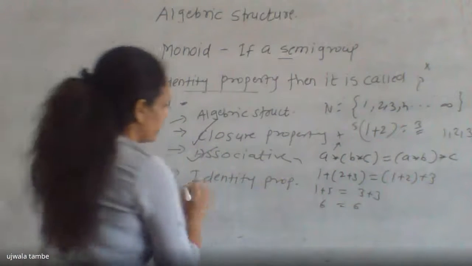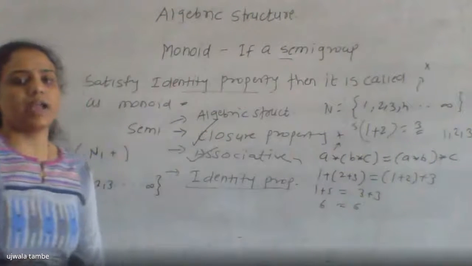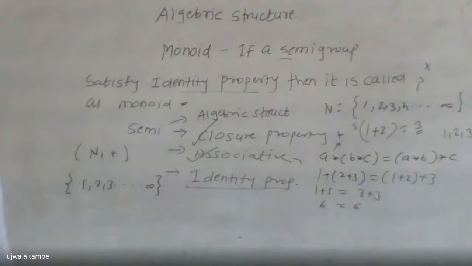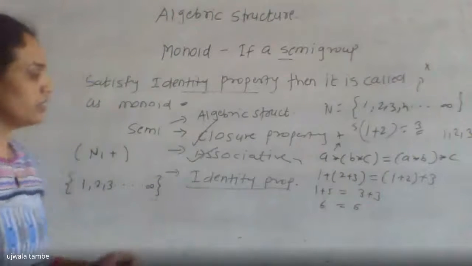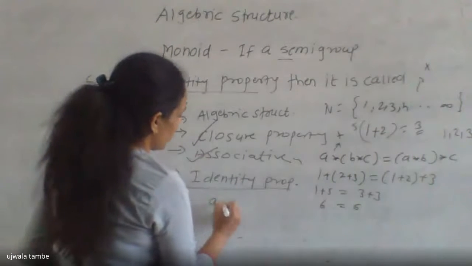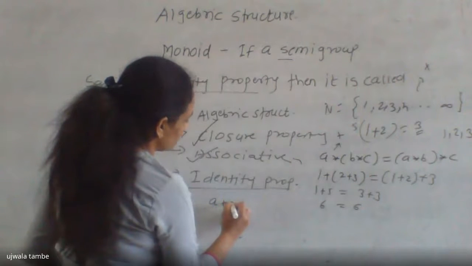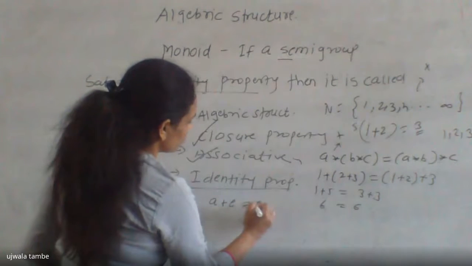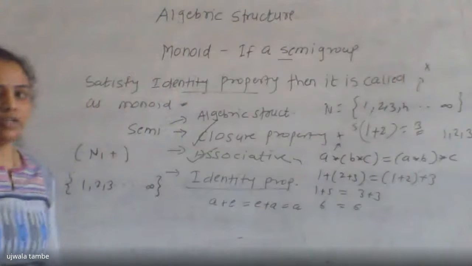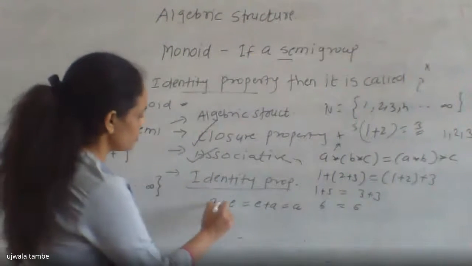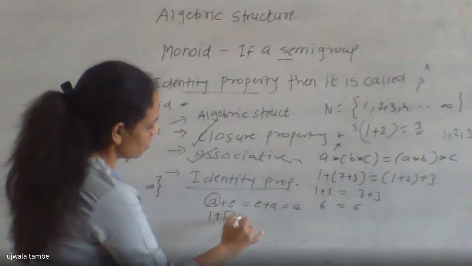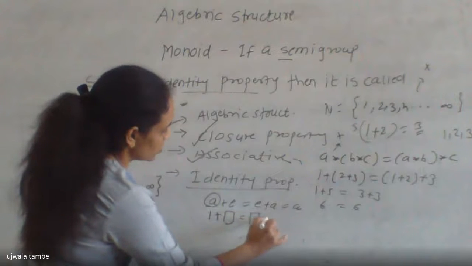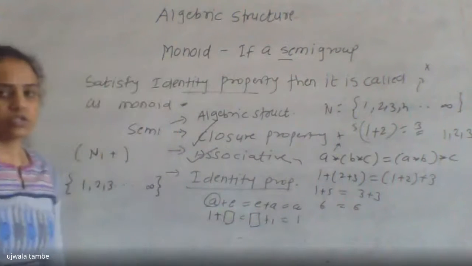Now we have to find out the identity property, and as we know, for addition the identity element is 0, right? So how does it come? A plus the identity element, suppose E, equals E plus A equals A. This is the identity property. So what is meant by A? Any number. Suppose I am picking 1. 1 plus what equals, dash plus 1 equals 1.